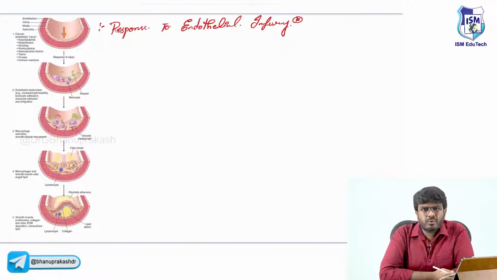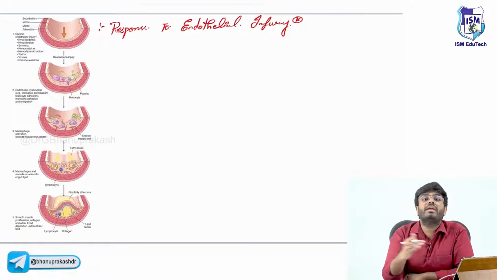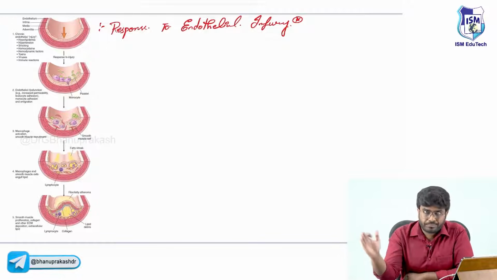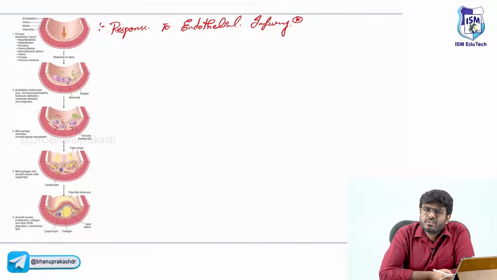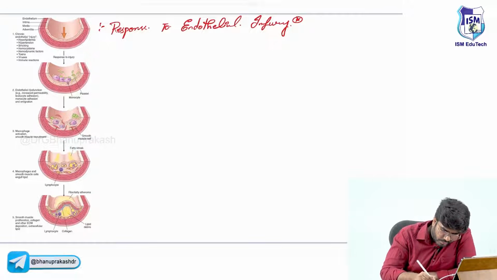Injury one time, two times? No. For example, if there is an endothelial injury one time in my blood vessel, do you think atherosclerosis will happen? No. Not one time, it's a chronic injury that is happening to the endothelial cells. Continuously there is injury, not one time or two times, a chronic thing. So let me tell you why endothelial injury is happening. First of all, you need to know the risk factors.